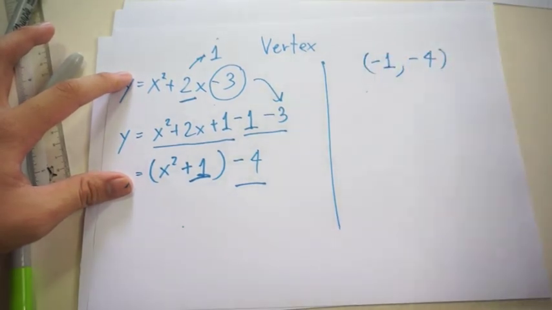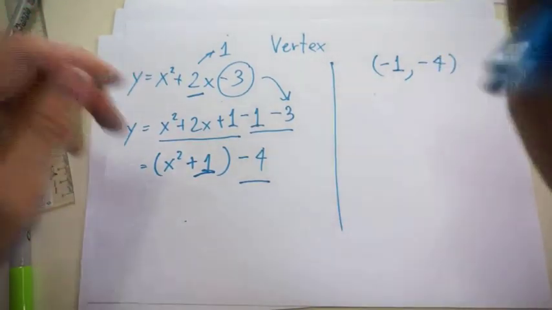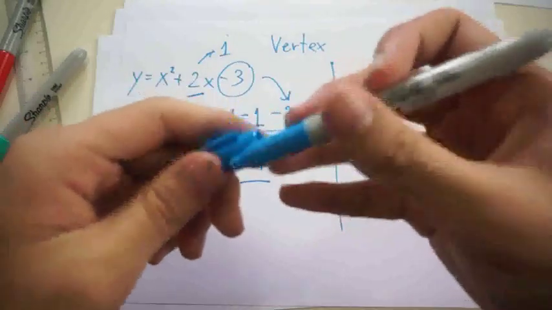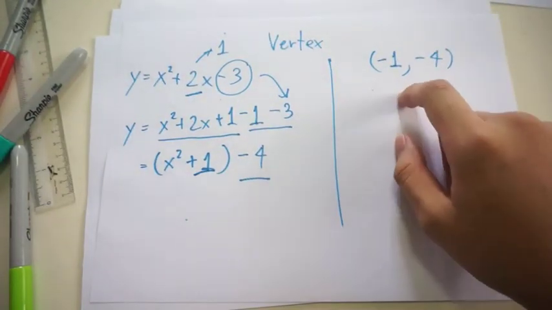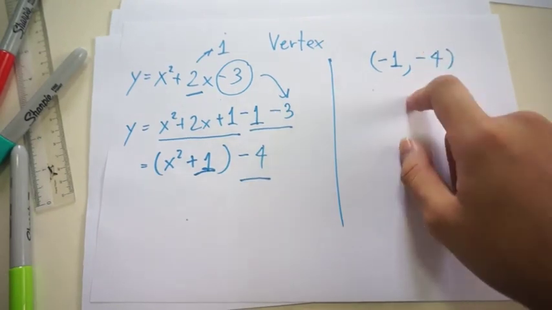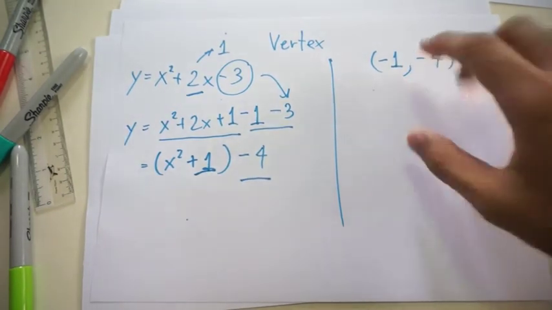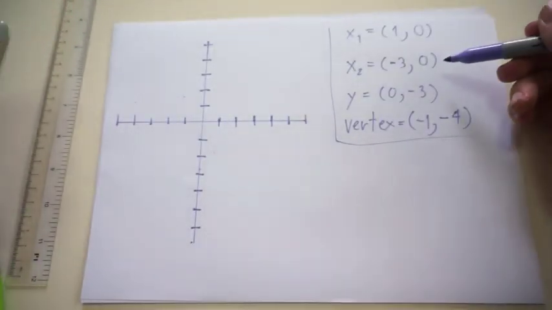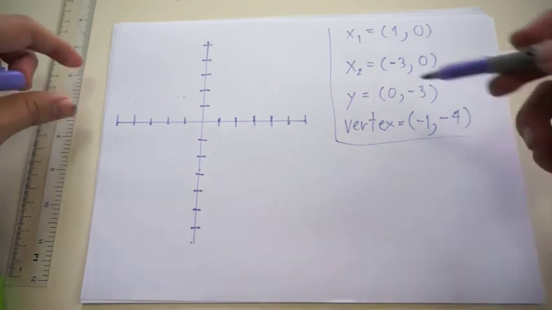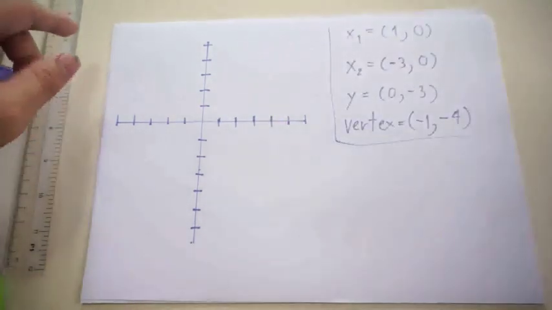Now we have the vertex. So now we know the 3 important points of the graph. And now we have the 4 critical points which would help us plot a graph.